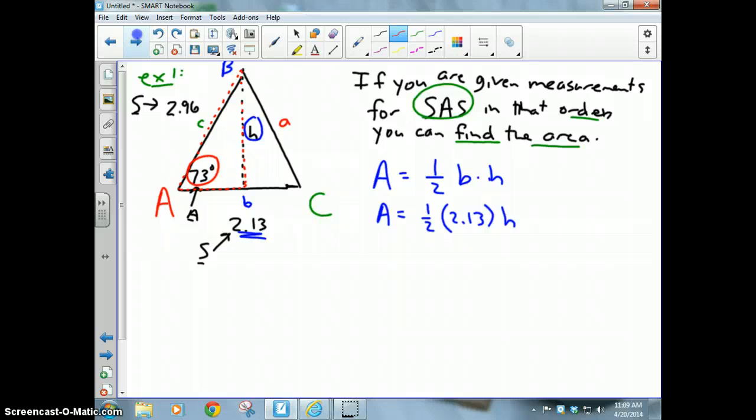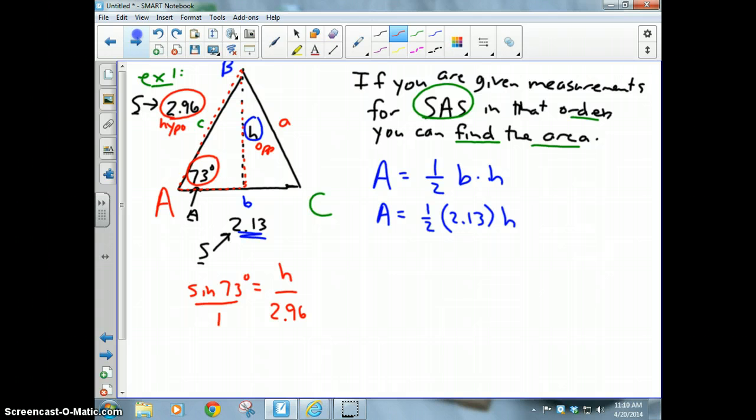Now, if I wanted to write h in terms of 73 degrees, we could use the sine function because h would really be the opposite side, and 2.96 is going to be the hypotenuse of my red dotted line triangle. So I could write sine 73 degrees over 1 is equal to h over 2.96, which would be my c value.